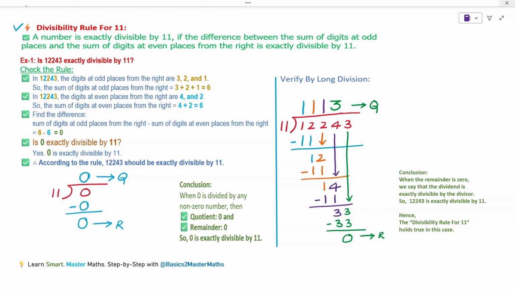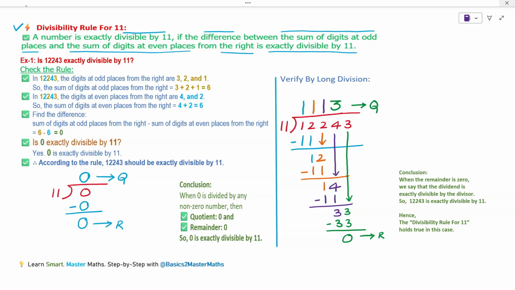Today we are going to discuss the divisibility rule for 11. It says that a number is exactly divisible by 11 if the difference between the sum of digits at odd places and the sum of digits at even places from the right is exactly divisible by 11.